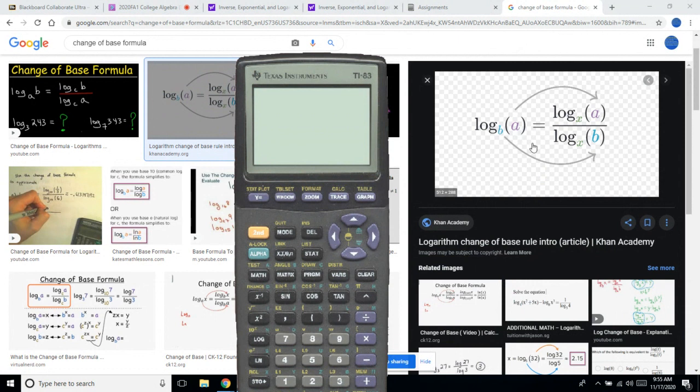I can rewrite this using the change of base formula as the log base x of a. So I'm taking my argument, okay, I'm sort of leaving it as my argument, but I'm changing the base to x, divided by the log base x of b.